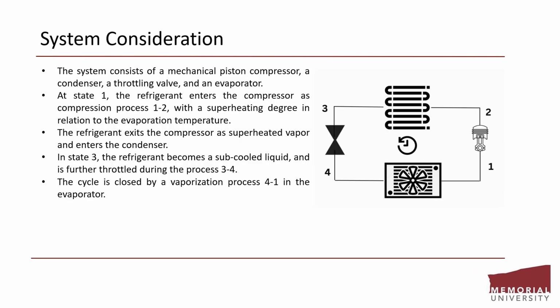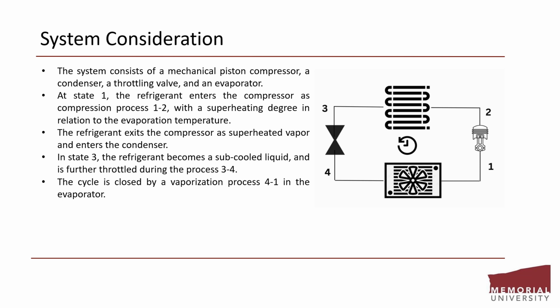System consideration. Here the considered system is the refrigeration system as depicted on the screen, which is a vital component in many cooling systems. The refrigeration cycle consists of four major components: the compressor, condenser, throttling valve, and evaporator.